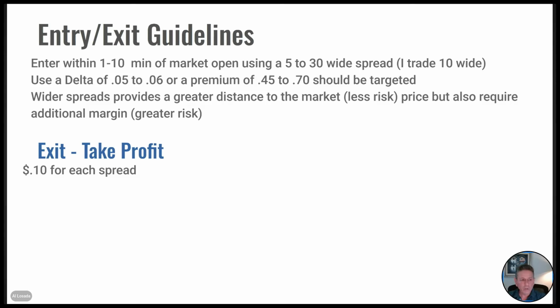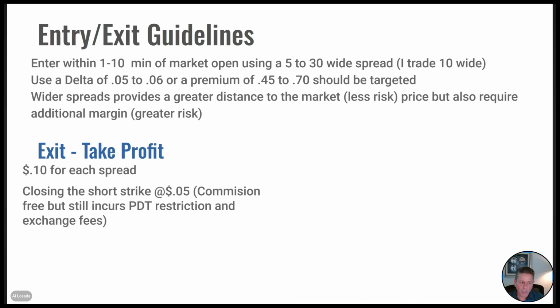You'll be able to close your position for 10 cents if you put it on for around 55 or 60 cents. Closing the short strike is one way to do it as well, and that way the risk is pretty much gone, by closing the short strike and leaving the long strike on.